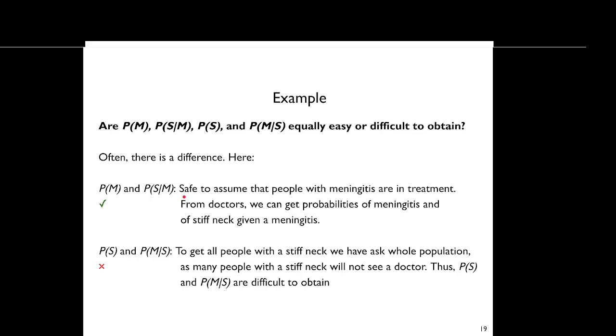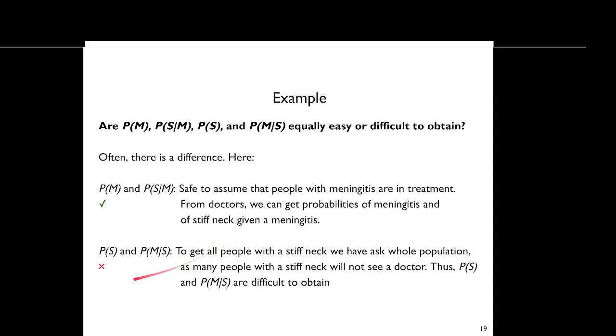That is not that difficult to get, because it's safe to assume that a meningitis is so severe that patients would seek treatment with a doctor. So in order to obtain this data, we could work together with doctors. They could collect this data and give us the probabilities of the meningitis and how frequently they observe stiff necks with a meningitis.